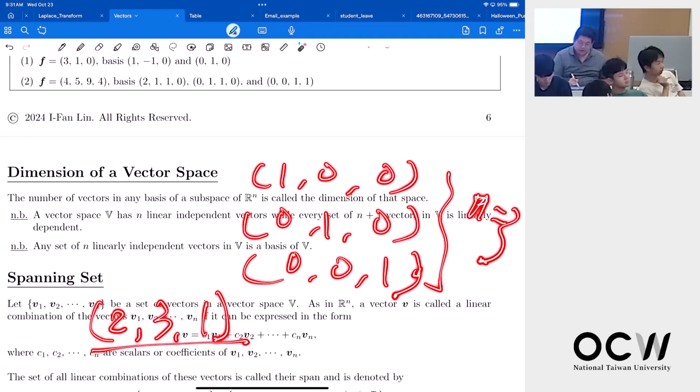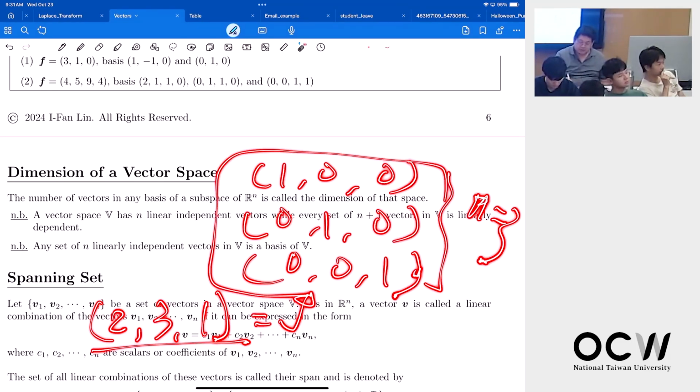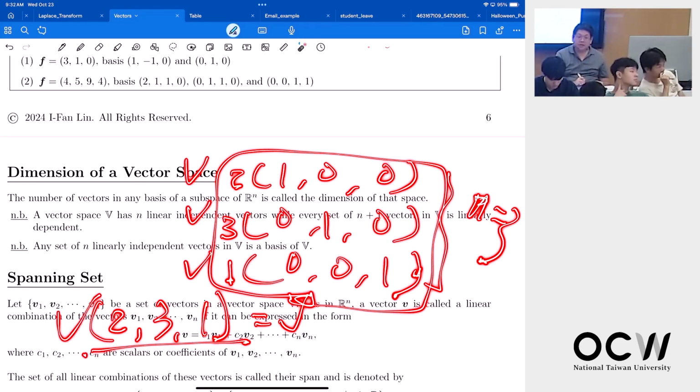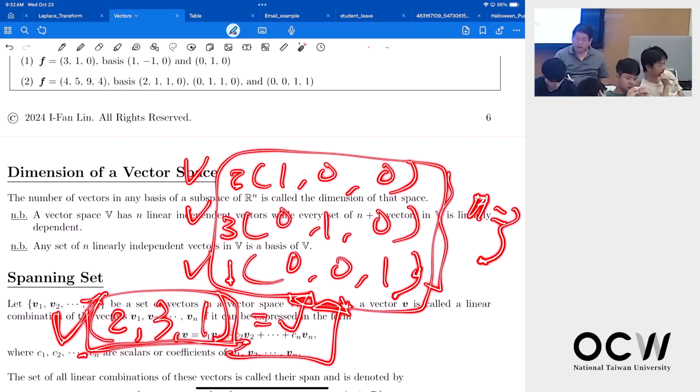This vector can be written as a linear combination of the bases, right? 2 times, 3 times, 1, and I add these 3 vectors together. So these 4 vectors will be linearly dependent, because this vector can be written as a linear combination of these 3 bases.